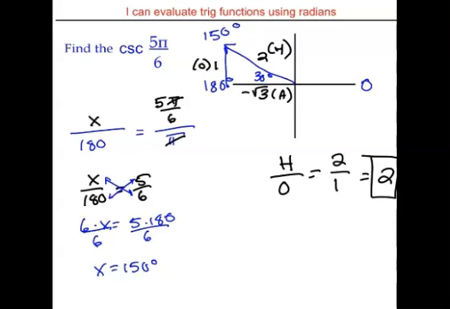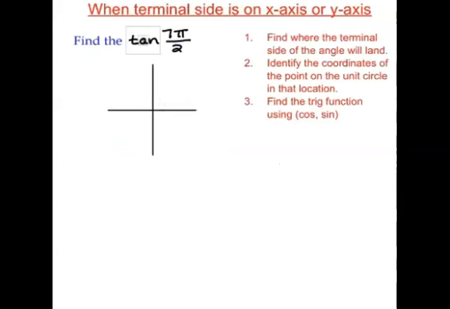So for the ones we're doing right now, our answers are ratios. We don't need to convert it back. When we do the inverse, which we're going to do next lesson, then you would have to convert it back to radians because your answer is going to be in degrees. Here you don't. Okay? All right.